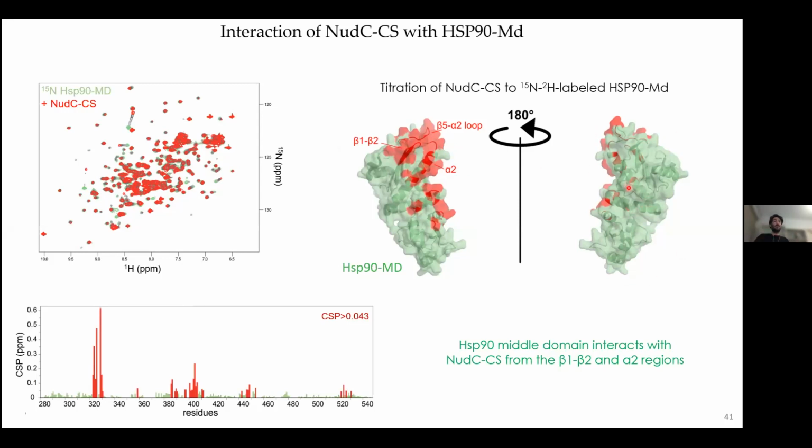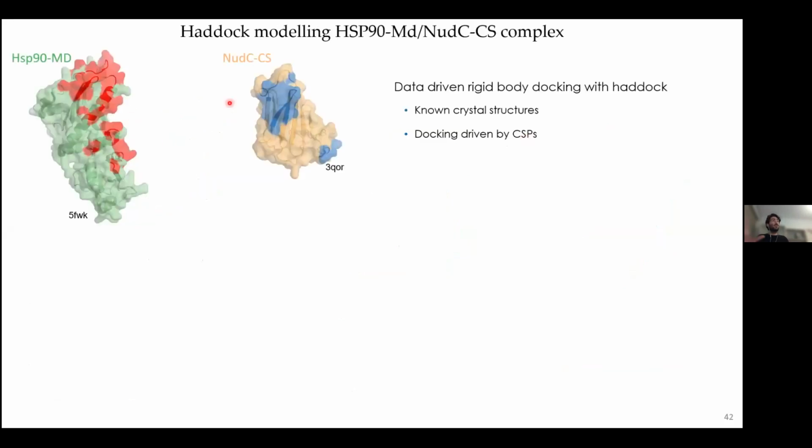So now that we have defined those interfaces on both domains, we can try to use them to model the complex between the Hsp90 middle domain and NASP CS. For this, we start from the crystal structures of both domains that are known, and we do rigid body docking using HADDOCK, in which we input our chemical shift perturbations as soft restraints.